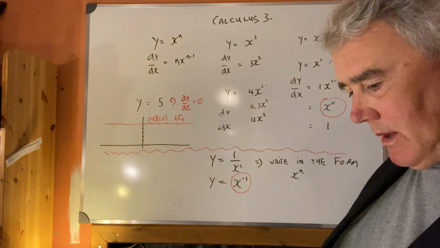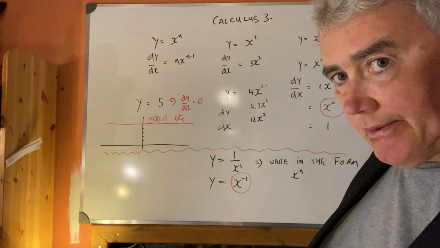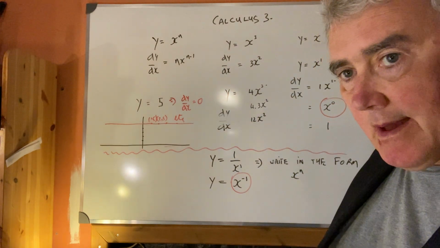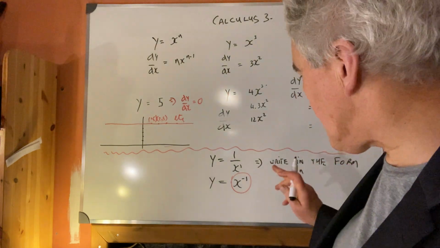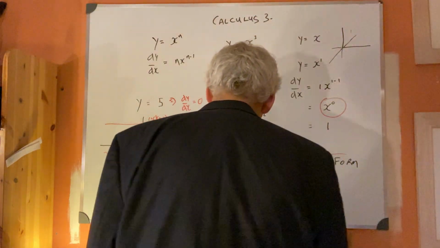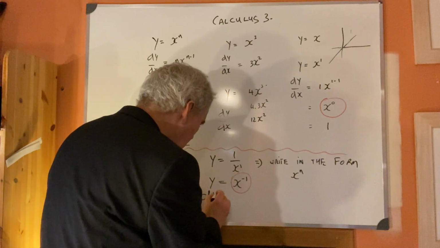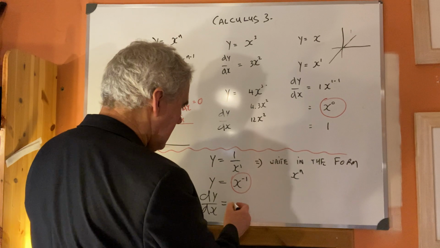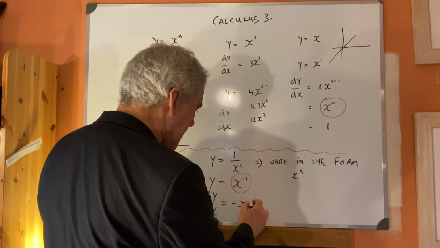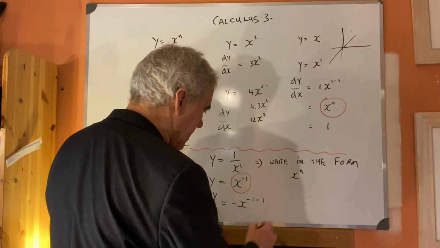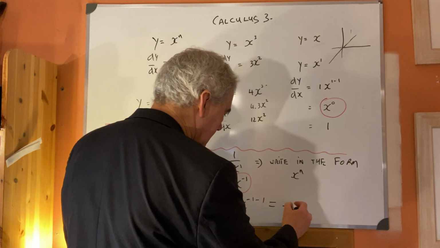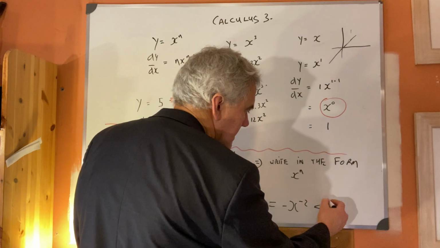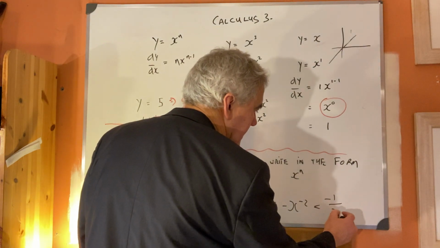Very simple reason, as it happens. So when I differentiate that, straightforward enough, we get dy dx equals minus x to the minus 2, which is equal to minus 1 over x squared.